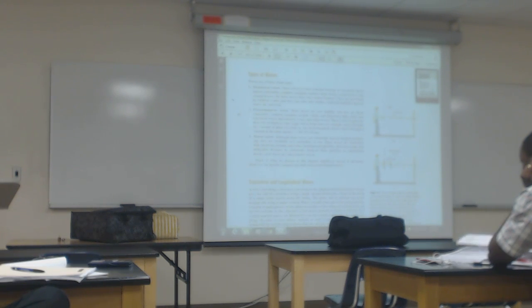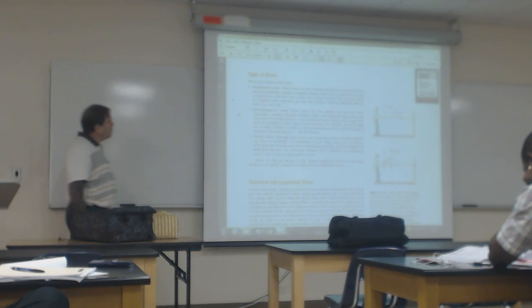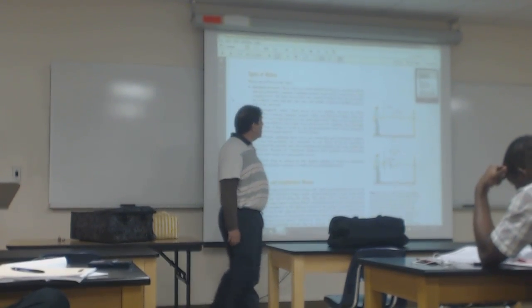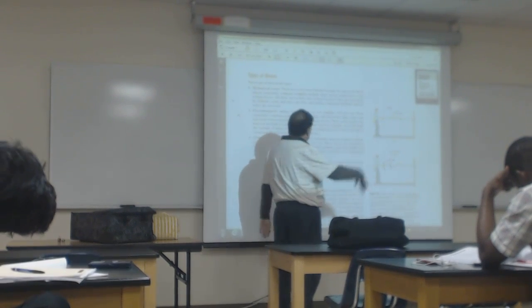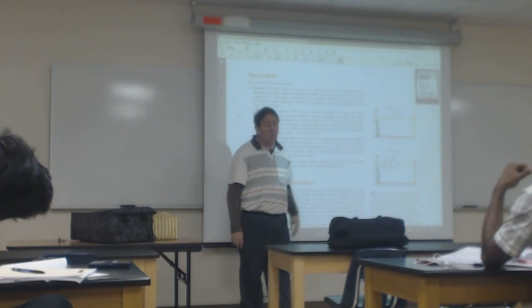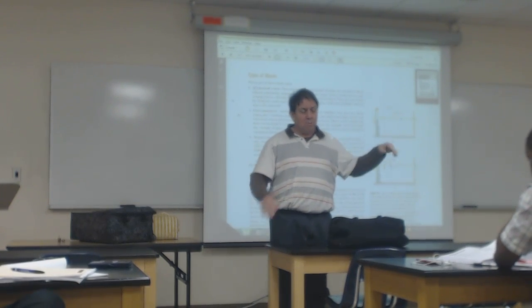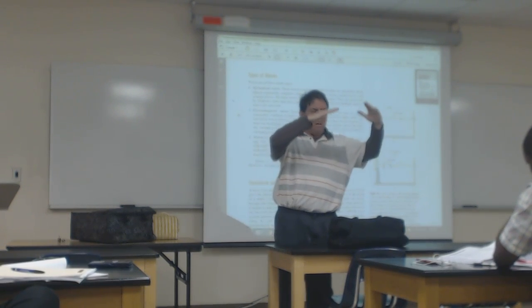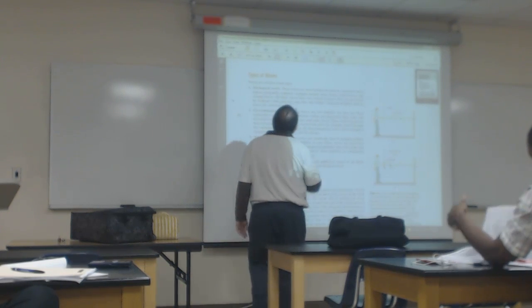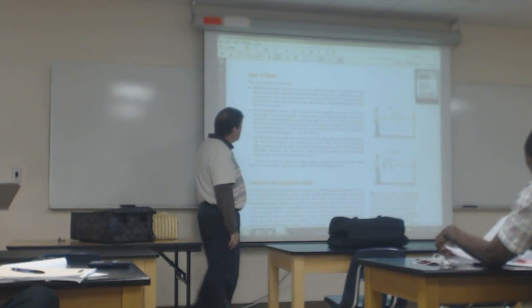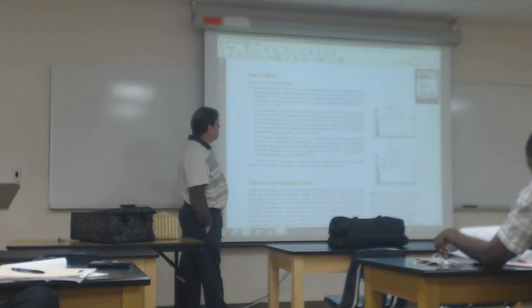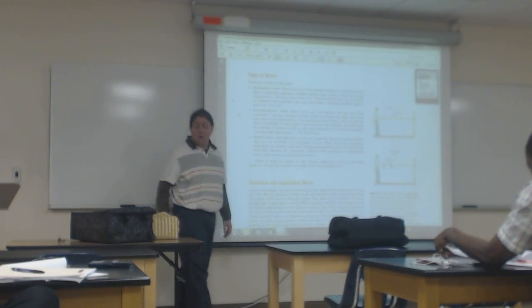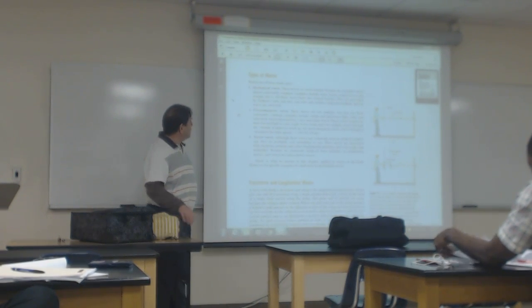Okay, so we're talking about types of waves, and your author breaks it down into 3 waves. We have mechanical waves, and that's the one that we see all the time. There's a water wave and a sound wave, and seismic waves when the earth vibrates, and waves on a string or waves on a cable, like the cables that hold the bridges, you know, they oscillate. Or an electromagnetic wave, and this is a wave of energy, of electricity and magnetism, and you will look at that in the second half of the course.